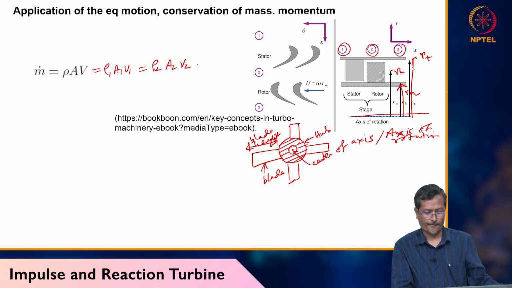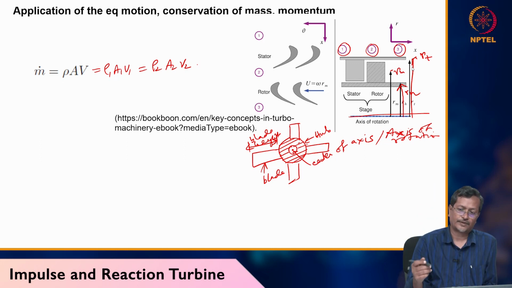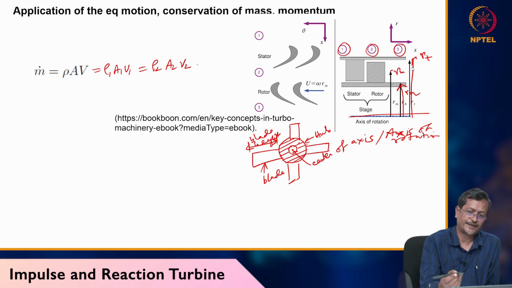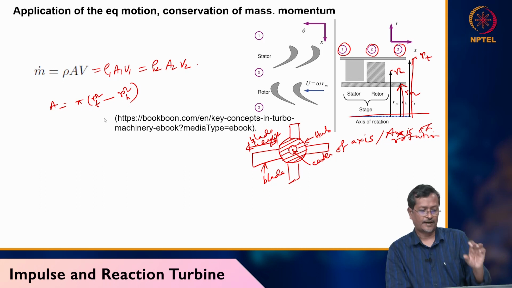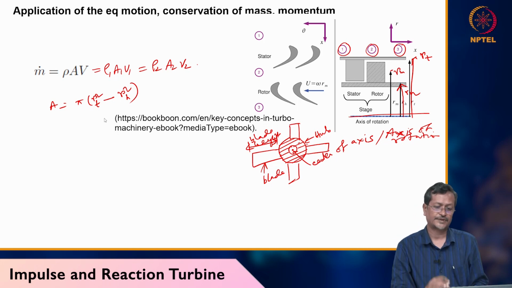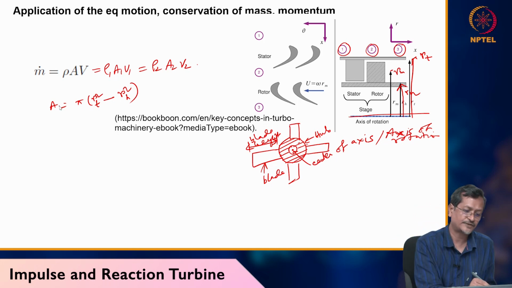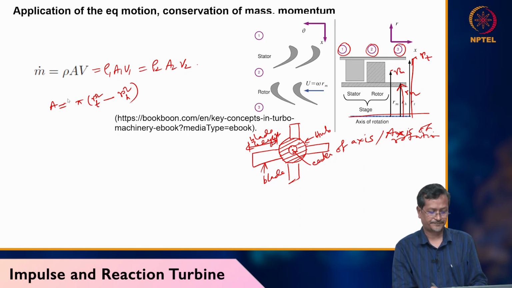So at inlet, what is the area of flow? Area of flow equals pi (RT square minus RH square). You see, between the hub radius and the tip radius, that space will be used for your fluid flow. So that's why the fluid flow area is pi (RT square minus RH square).